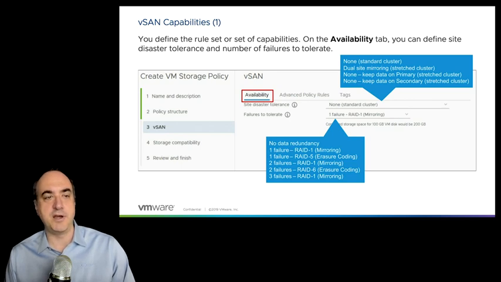Meanwhile, the other type of one failure to tolerate is what's called RAID 5, where in this case, you actually have a 3-stripe configuration with one more stripe being parity. So it's basically 4 stripes long. The VM is distributed with 3 stripes for its data and one more stripe for its parity. So it's basically 1 1/3 extra capacity needed as opposed to a mirror, which is 2 times the space required.